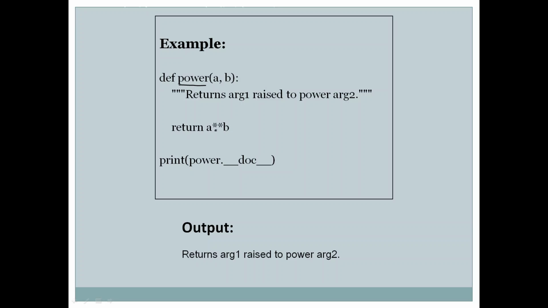Into in Python it simply means raised to b. If you want to access the docstring, you can say power, that is the function name, dot __doc__, or as I've said, we can even use the help function to access the docstring. The output of this, you can see, returns arg1 raised to power of arg2.